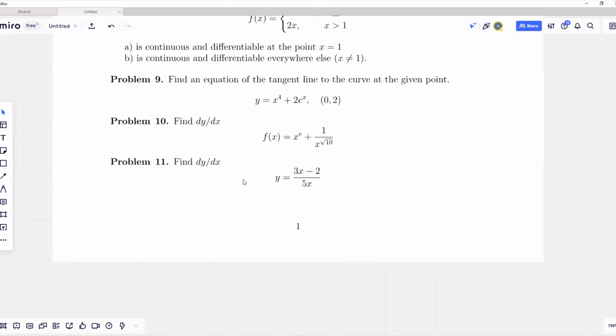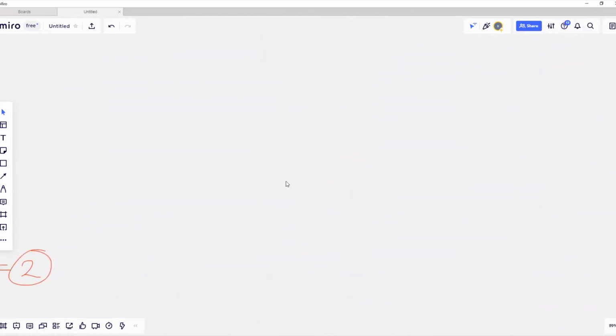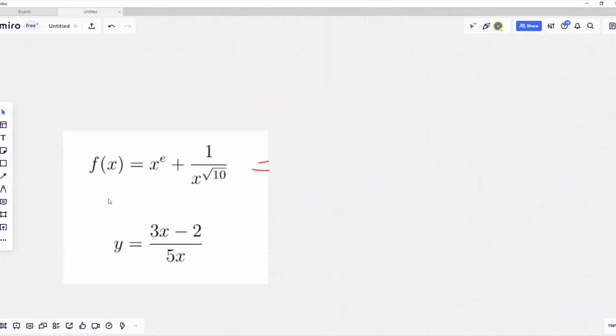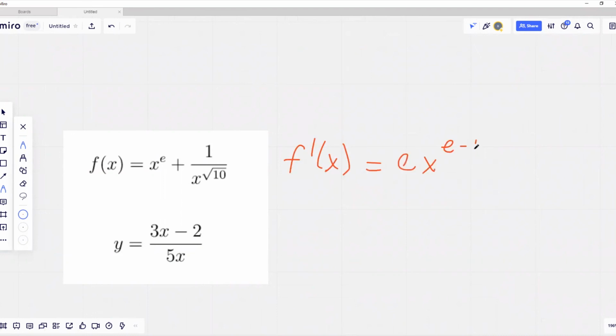Next, let's find the following derivatives. Okay, the first one, we have x to the power of some real number. So the derivative of that is equal to e times x to the power of e minus 1.